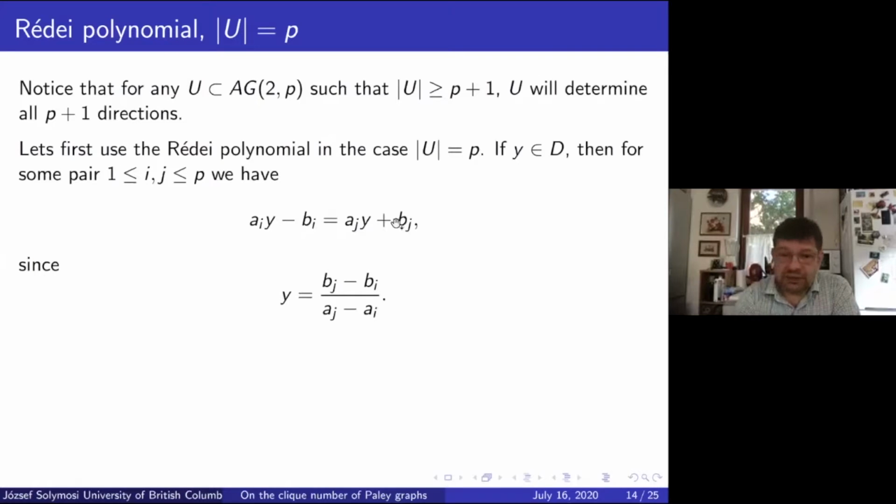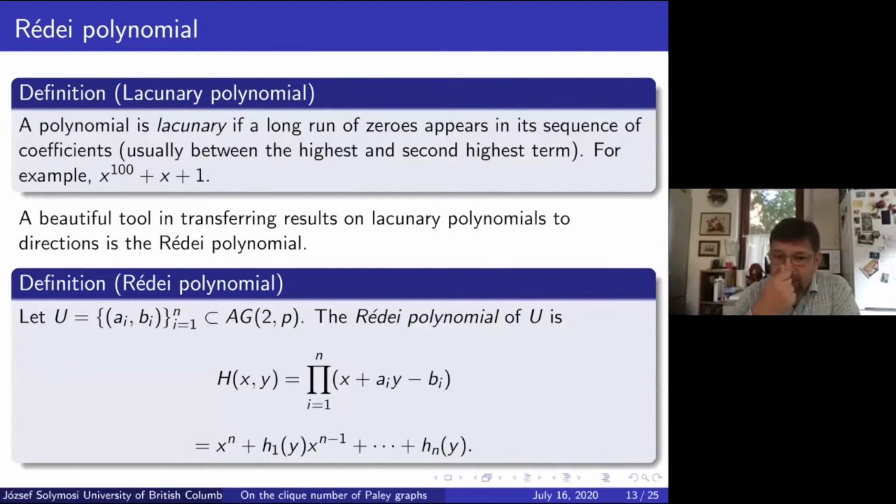So let's go back here. The Rédei polynomial is an algebraic tool which will really tell you if a direction is defined by your set or not. If the direction is not defined, that means that if you substitute y, then you have this product x plus some number which depends on the selected y and ai and bi.